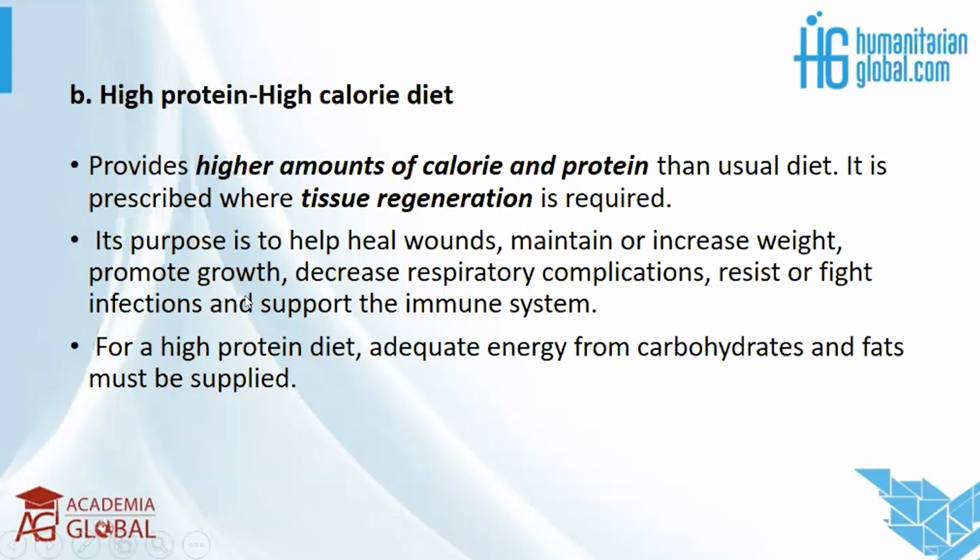Now, the purpose of such a diet, where it has higher calories and protein, is to help to heal wounds, to maintain or increase weight, to promote growth, to decrease respiratory complications, to resist or fight infections and support the immune system. For a high protein diet, adequate energy from carbohydrates and fats must be supplied.